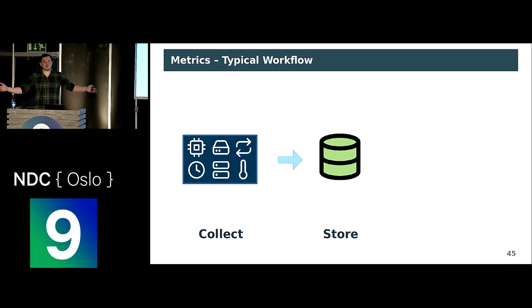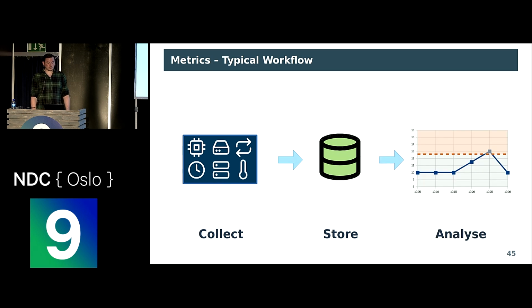When I'm looking at 2 weeks worth of memory usage, I really only care about what the memory was every 5 minutes, because I'm more interested in the trend. So numbers are much easier to store in large volumes than text. And from this data, we can build analysis and look at trends.